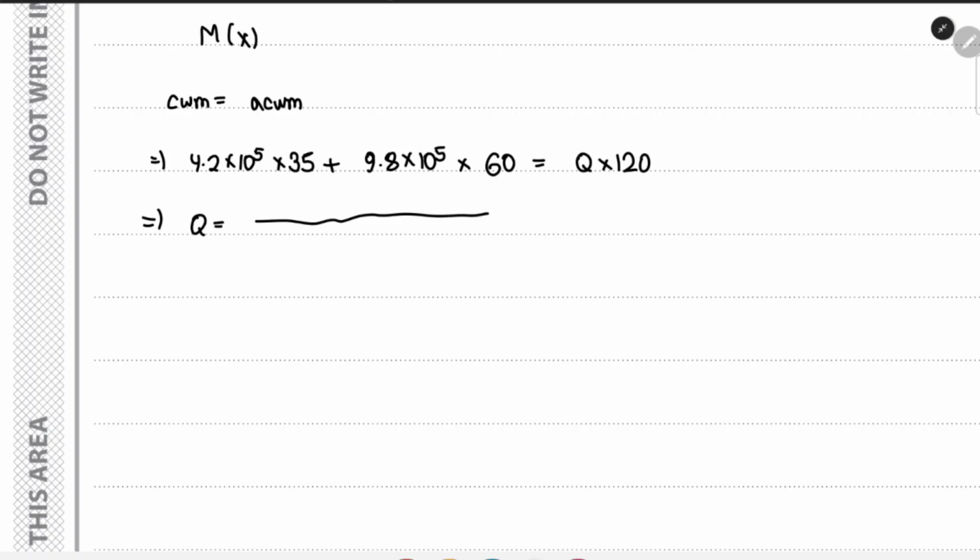Now Q will be equal to (4.2 × 10^5 × 35 + 9.8 × 10^5 × 60) divided by 120, which comes out to be 6.125 × 10^5.